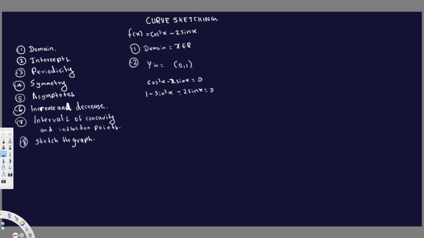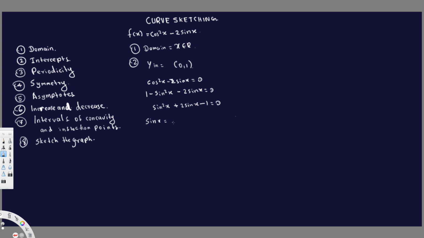To arrange this into a quadratic pattern, I can multiply everything by negative. So it becomes sine squared x plus 2 sine x minus 1 is equal to 0. Now this is not nicely factorable, so I can use the quadratic formula.